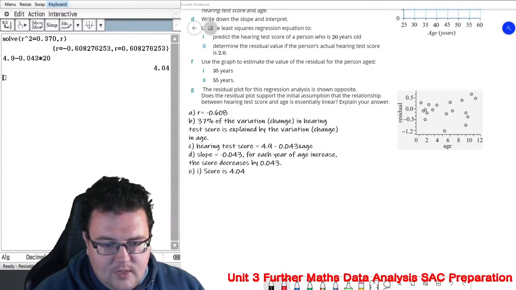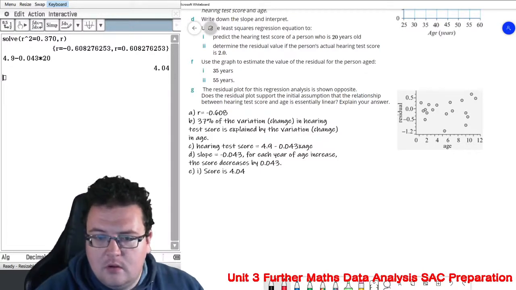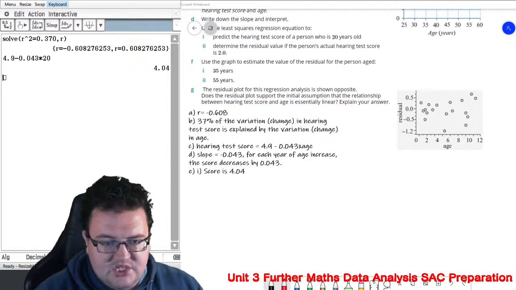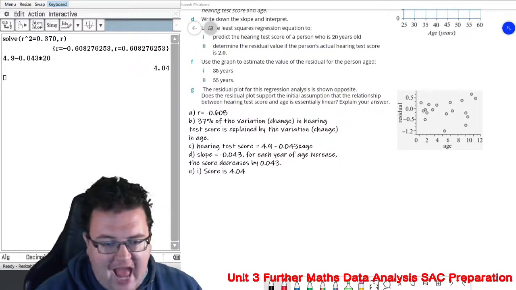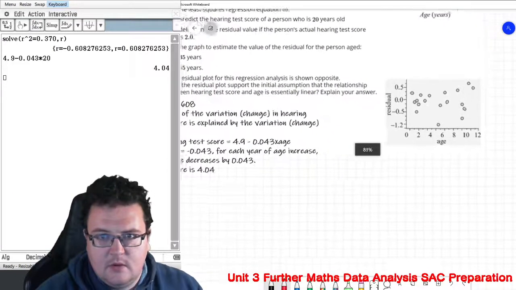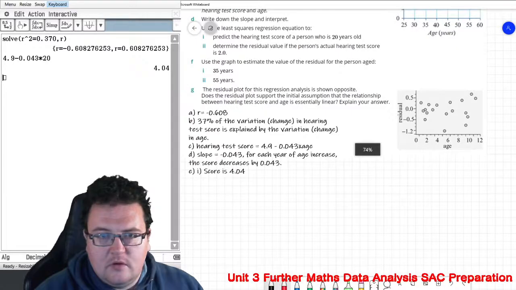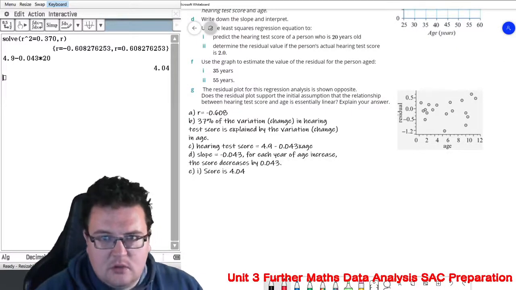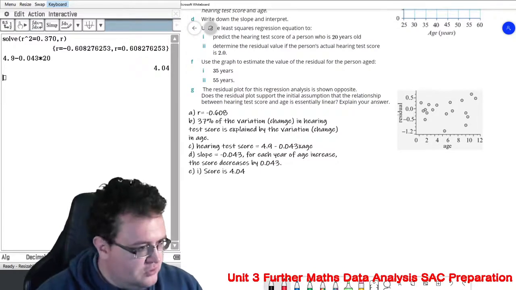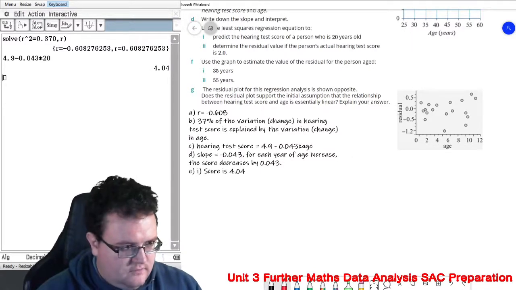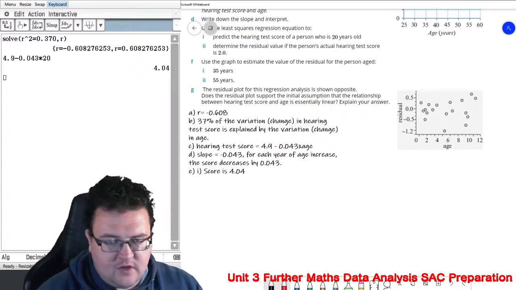So, the residual, remember, for the residual, you want the actual minus the predicted. So the predicted score was 4.04. So that's what we predicted.